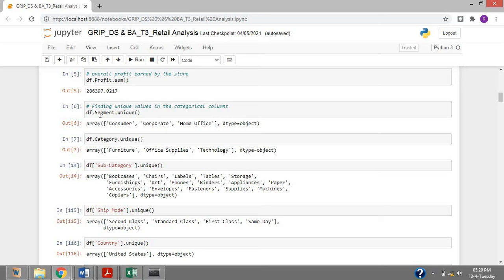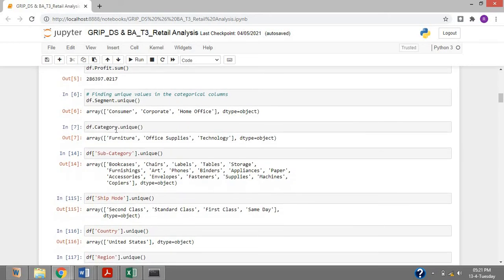Under segment, there are three different categories: consumer, corporate, and home office. Next is the category. What are the different categories under which the goods are being sold? They are furniture, office supplies, and technology.